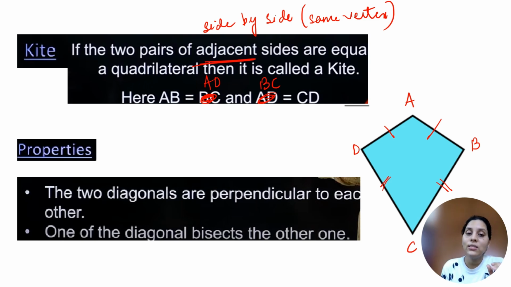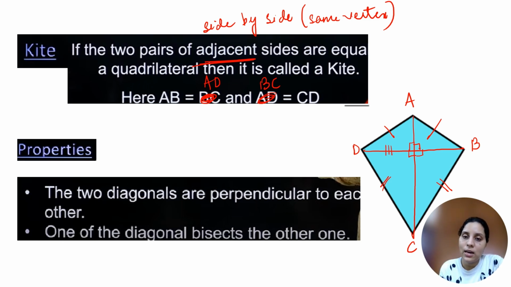Now let us see the diagonal properties. The two diagonals are perpendicular to each other. What is a diagonal? A diagonal is when two opposite vertices are joined. Let me join. This is one diagonal and this is another diagonal. Diagonals are perpendicular to each other, that means this is 90. One of the diagonals bisects the other one. What do you mean by this? Out of these two diagonals, one diagonal is being bisected.